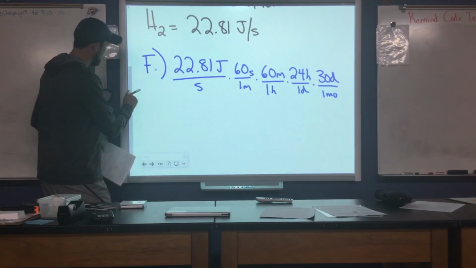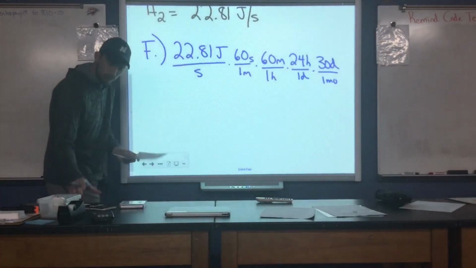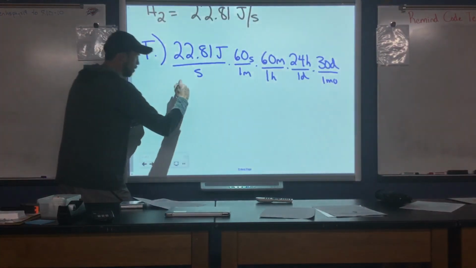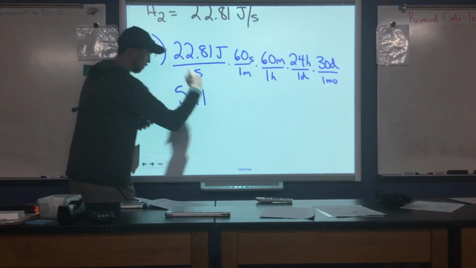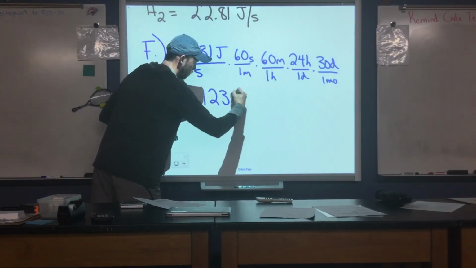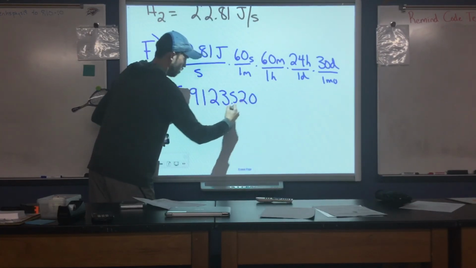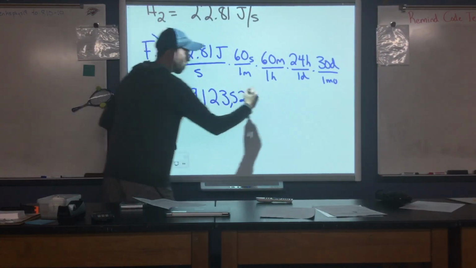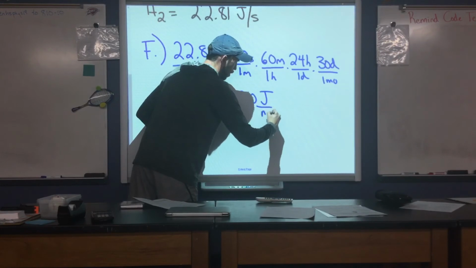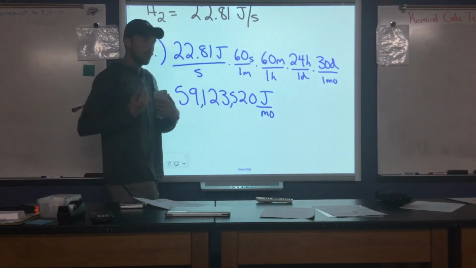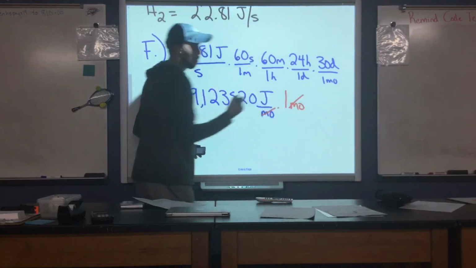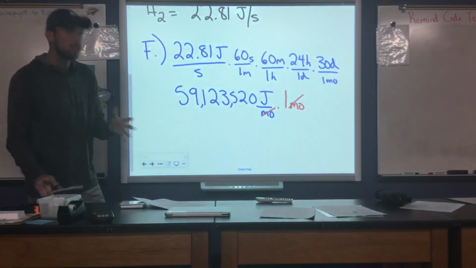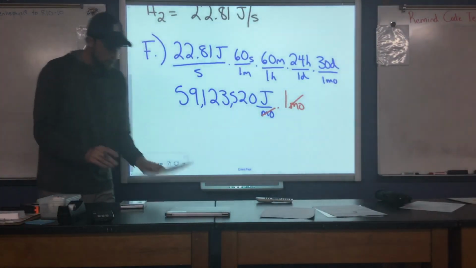We're going to get, again, a pretty large number. Looks like 59,123,520. I'll just write this whole thing down just so I have it. This would be joules per month. And again, what I could do here just to take care of the units, multiplied by 1 month. So I'm just looking at exactly how many joules of energy I'm losing.